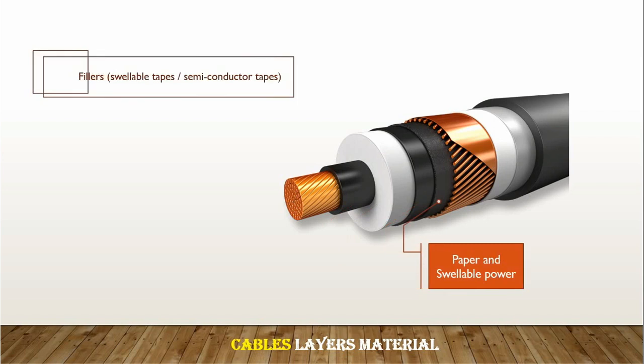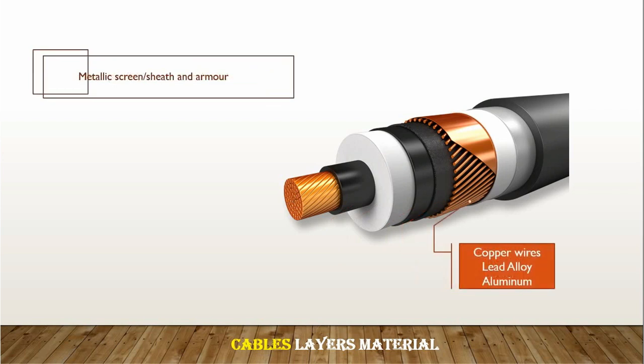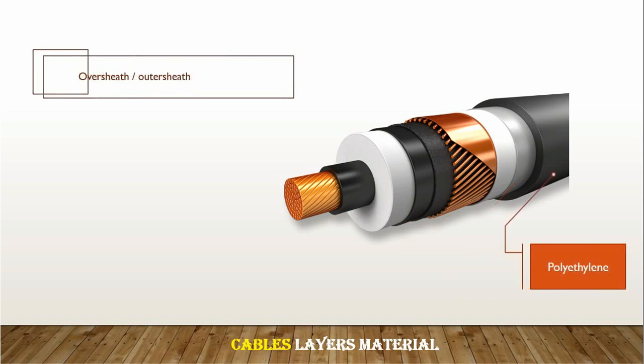We have the fillers, which are made of paper and swellable powder. Metallic screen or sheath and armor. The metallic screen is made sometimes from copper wires and tape, lead alloy or aluminum, and the armor is made of aluminum. And finally, the oversheath, which is made of polyethylene material or polyvinyl chloride, as we will see later on.